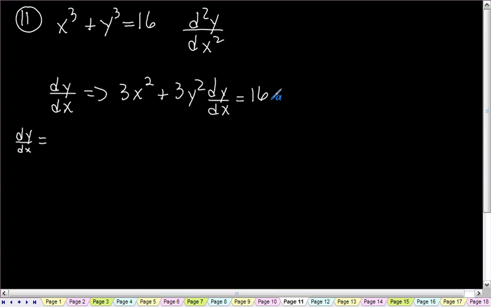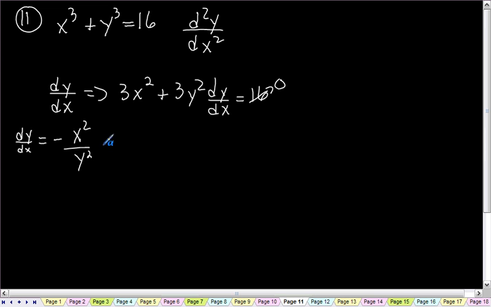After I subtract, this goes to 0, because any constant goes to 0 when you take the derivative. When I set the 3 to the other side and divide by 3y squared, the 3's cancel out, and there is still a negative there because this became negative when I moved to the other side. So this became my first derivative.